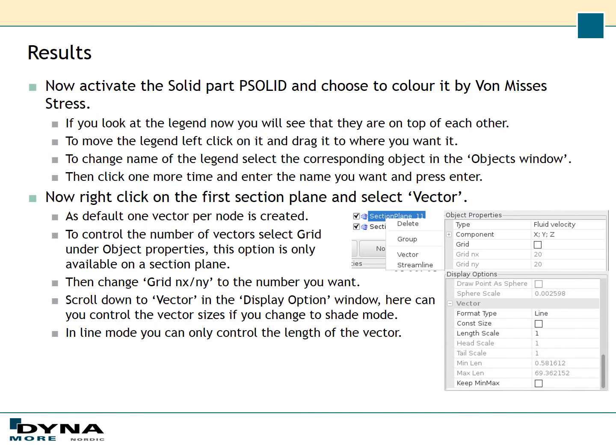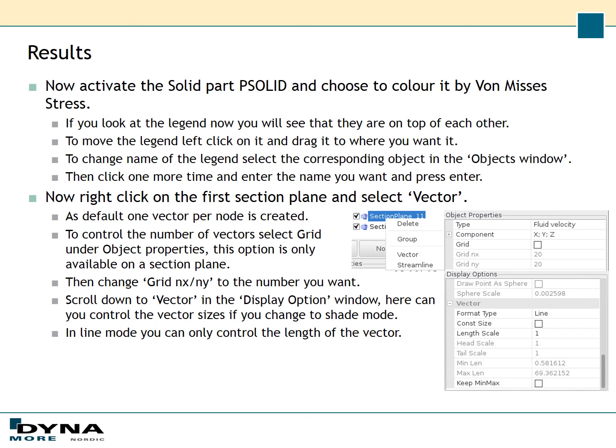Then activate the solid part P solid and choose to color it by von Mises stresses. And if you look at the legend now, you will see that they are laying on top of each other. But if you left click on the legend and drag it to where you want it, you can move the legends around.